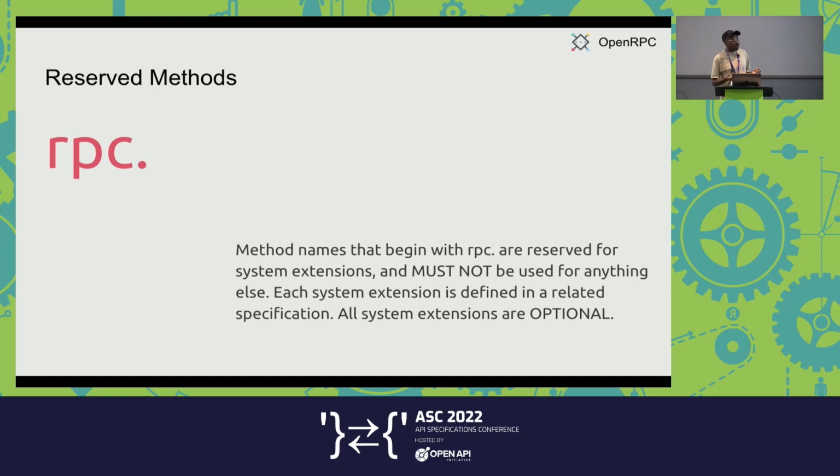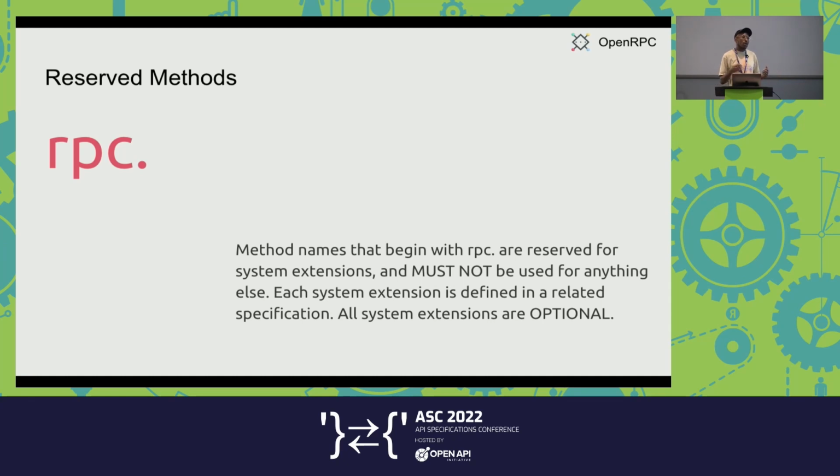All right, so here's the thing with JSON-RPC. I was talking about how it's such a small spec, but JSON-RPC has this idea of rpc dot. What rpc dot means is that you can essentially extend JSON-RPC any kind of way that you want.